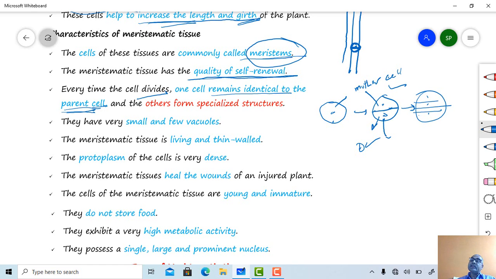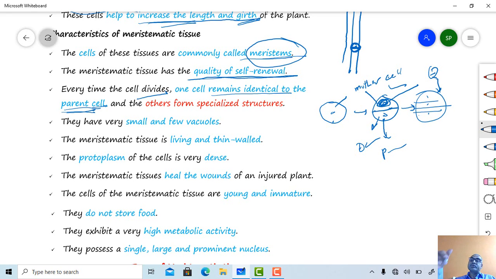This daughter cell develops into a permanent cell. So every time a meristem cell divides, one cell remains identical to the parent cell. So this parent cell remains as it is, and it continuously divides and redivides.